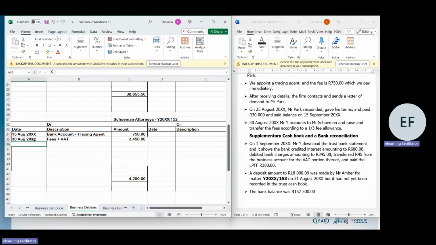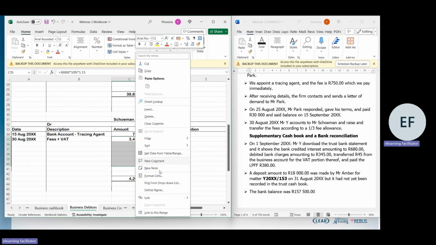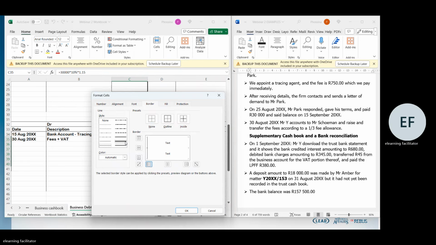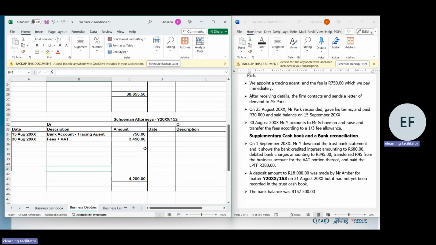So this is inclusive. So we add the plus. Then 3,450. But we are sharing it. Remember, we are sharing it.